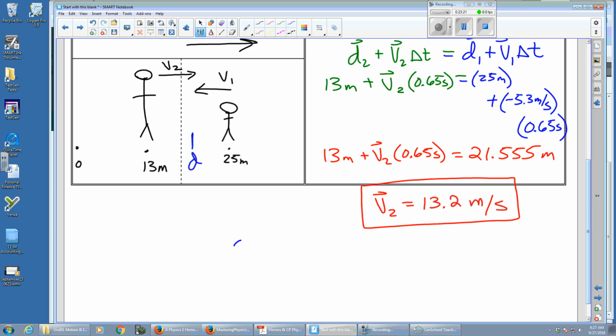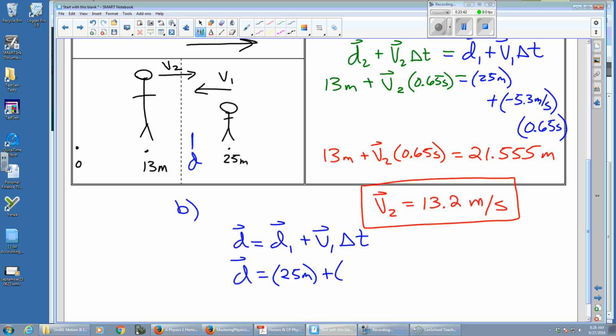So I'm just going to do D equals, this is part B, by the way, D1 plus V1 delta T. Substitute in all the things I know. 25 plus negative 5.3, times 0.65 seconds.